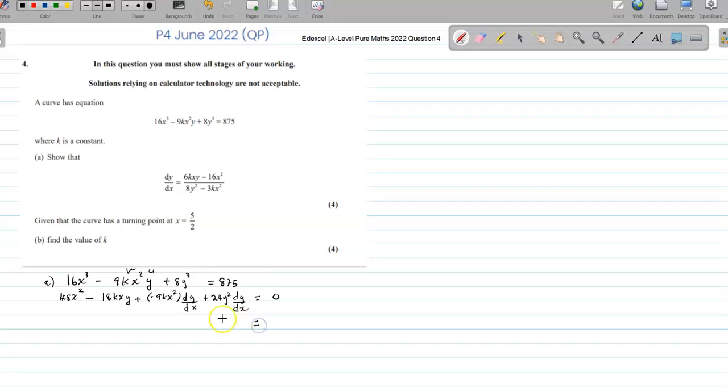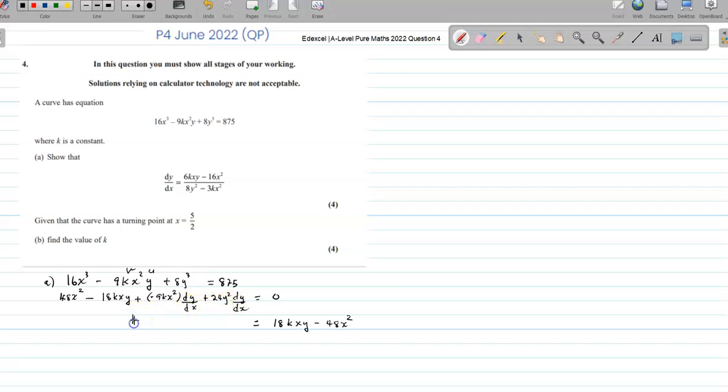So our goal now is to rearrange this so that we have dy by dx on one side. So in this case, dy by dx is a common factor, so we can factor out that.